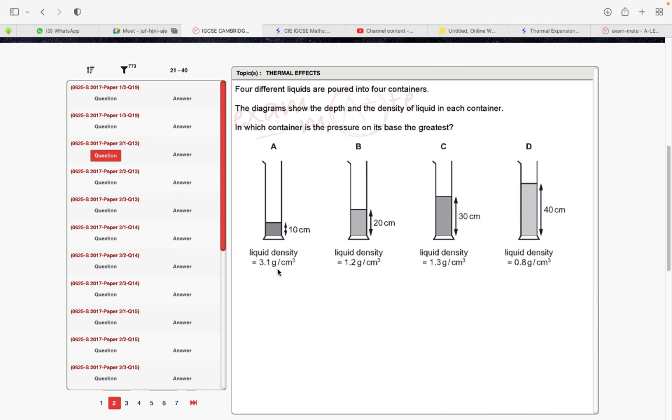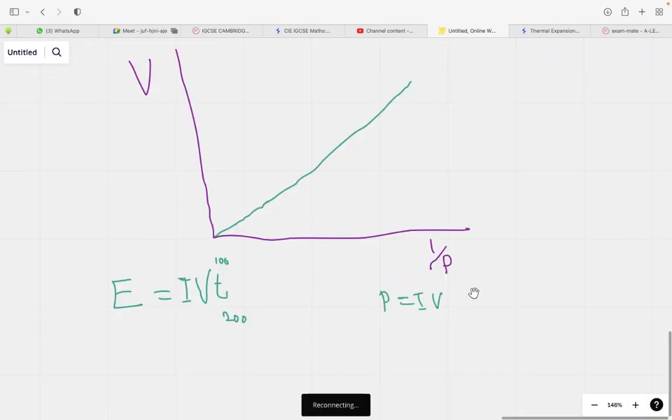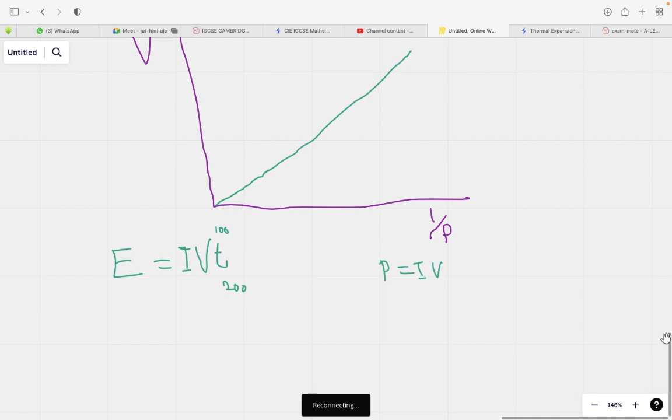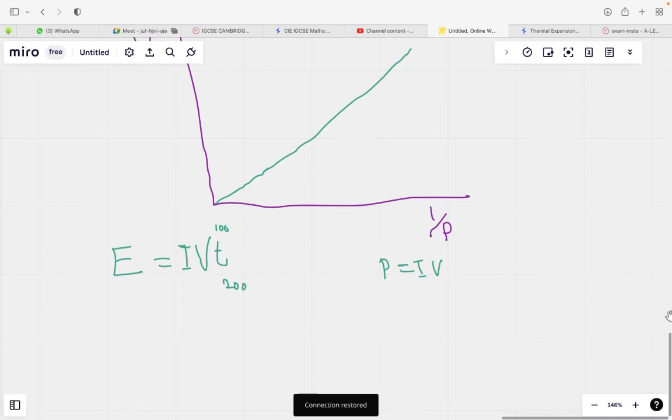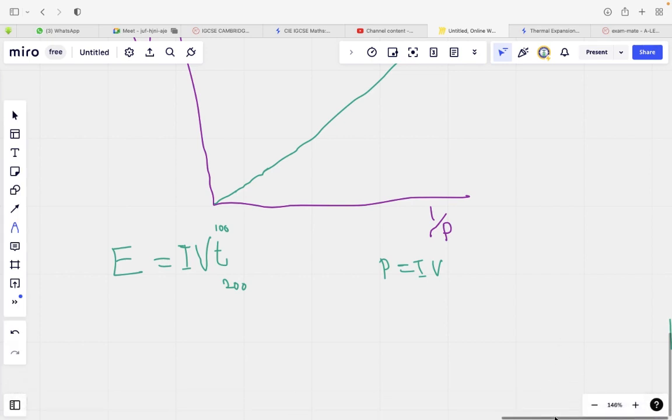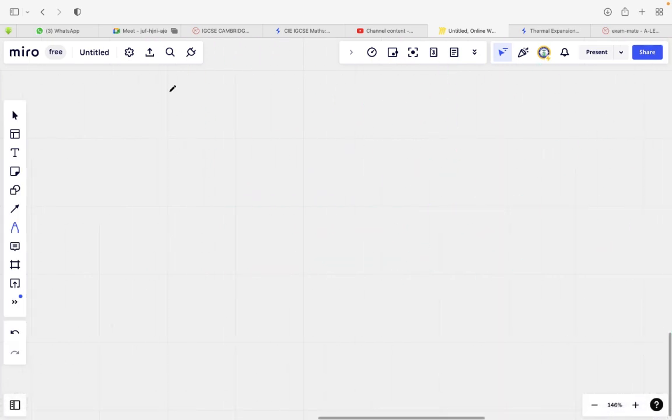They've given you density in gram per centimeter cube: this one is 3.1, this one is 1.2, this one is 1.3, and this one is 0.8. What you need to know is the relationship between pressure and density.